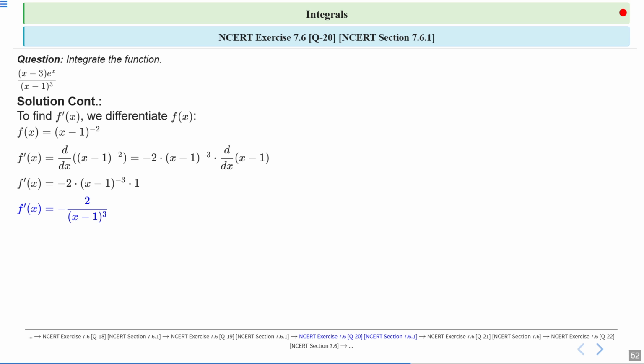So we get minus 2 into x minus 1 the power minus 3 by the chain rule. Then we differentiate x minus 1. So we get minus 2 into x minus 1 the power minus 3 into 1. So finally we get f'(x) is equal to minus 2 by x minus 1 whole cube. That is the second term of our integrand.